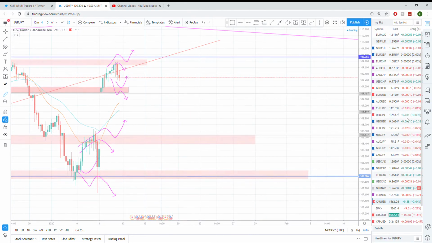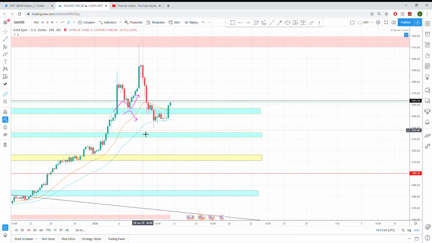So with gold, we had that push to the upside, so we had a very strong start to the week, about 300 pip push to the upside. Then we had that pullback, and then we had that fundamentals that took place and kicked us all the way up to our top zone, about 1610.